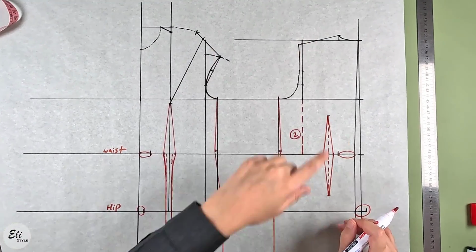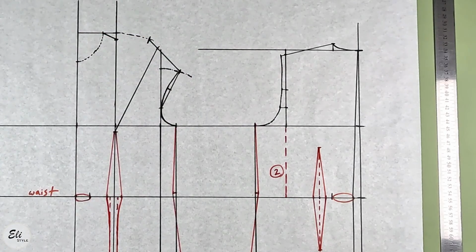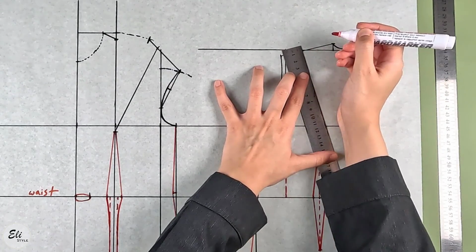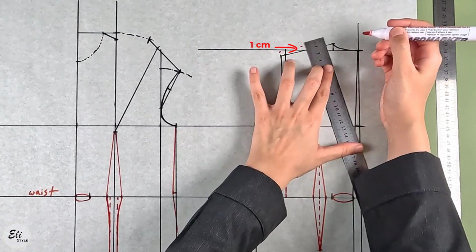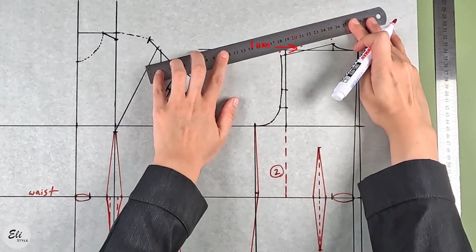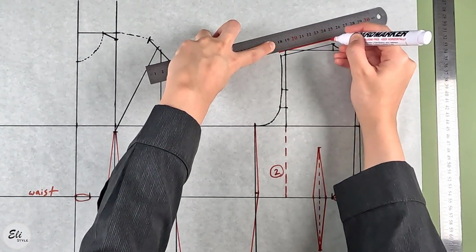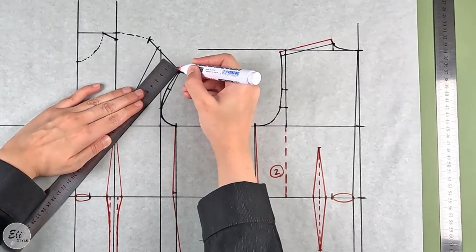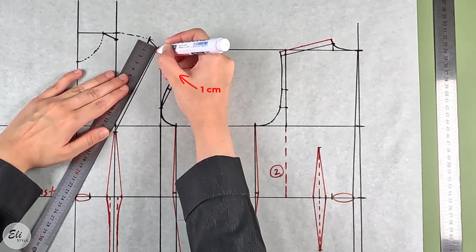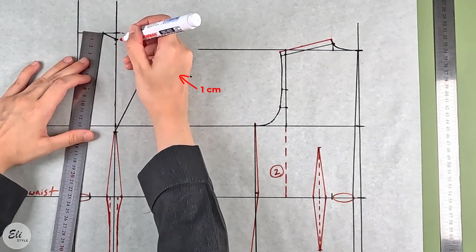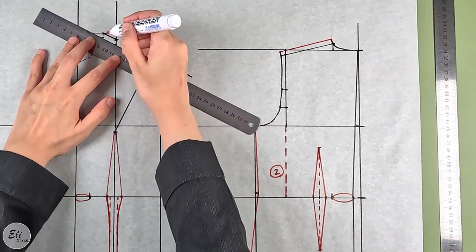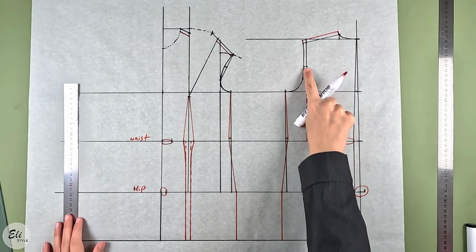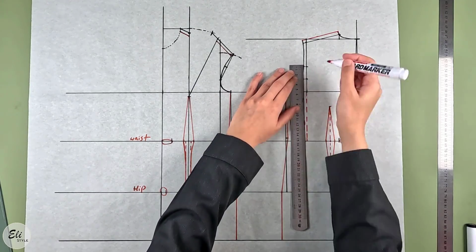The back shoulder needs to be moved up by 1 cm and the front shoulder moved down by 1 cm. Finally, draw the back armhole dart.